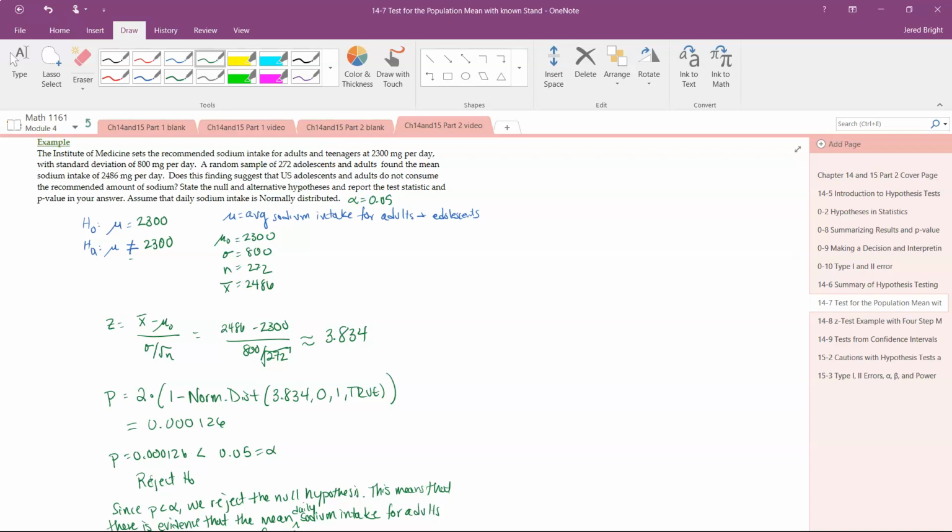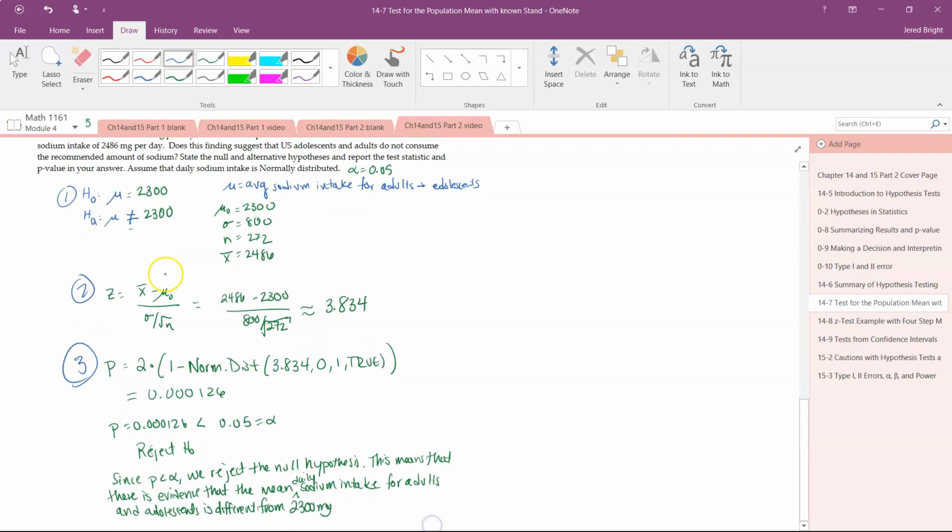We're not given more or less. We identified all the values, calculated our test statistic, calculated our p-value based on the test statistic and the alternative hypothesis, made a decision, and interpreted it. Okay? Four big steps whenever you encounter a hypothesis test problem.